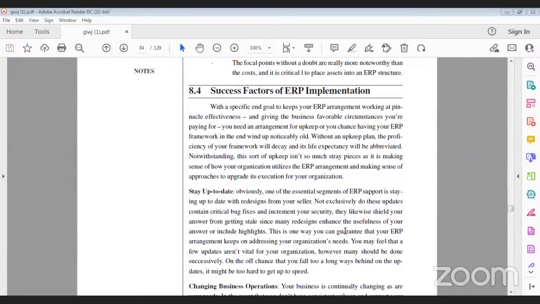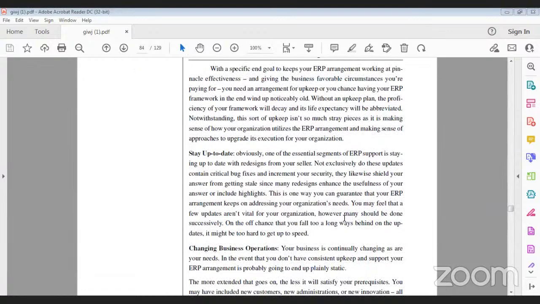However, many should be done in succession. There is also the risk that you fall too far behind on the updates and it might be too hard to get up to speed.